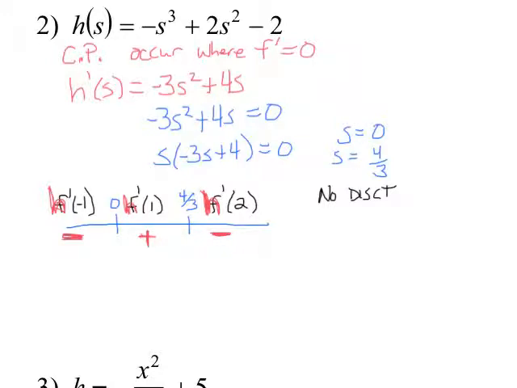So there we have our increasing and decreasing. So a negative slope means that we are decreasing. A positive slope means we are increasing.